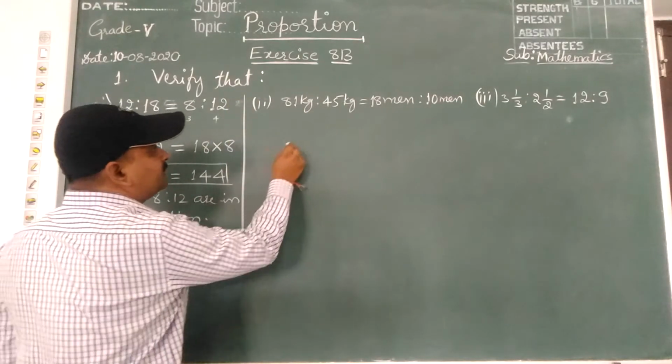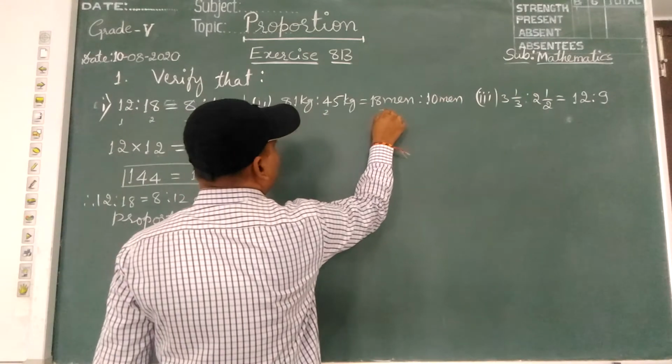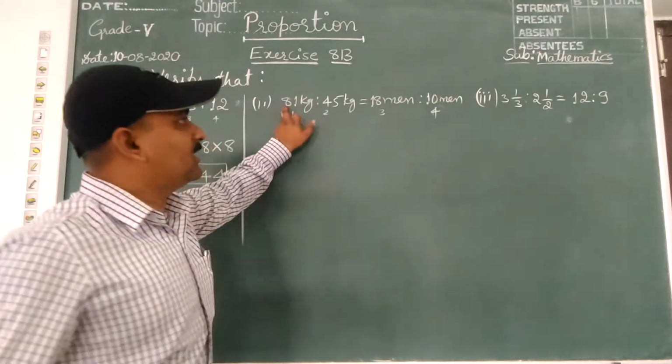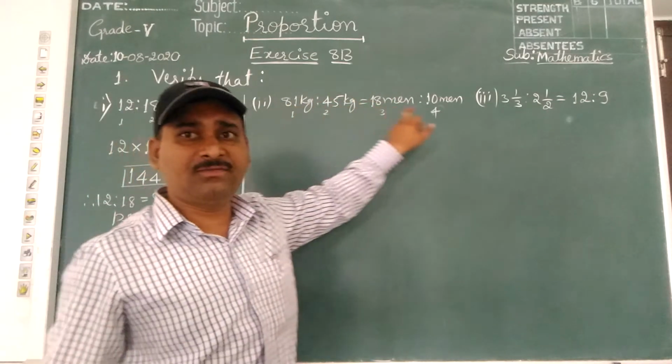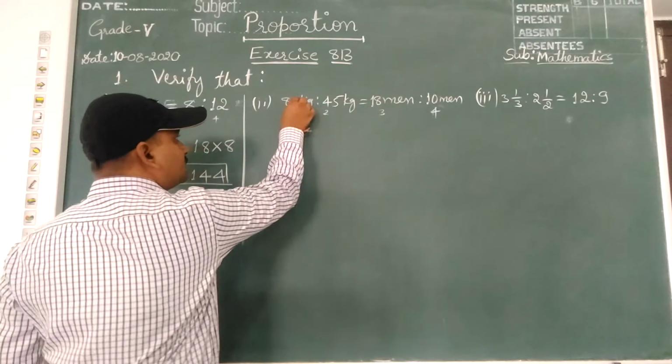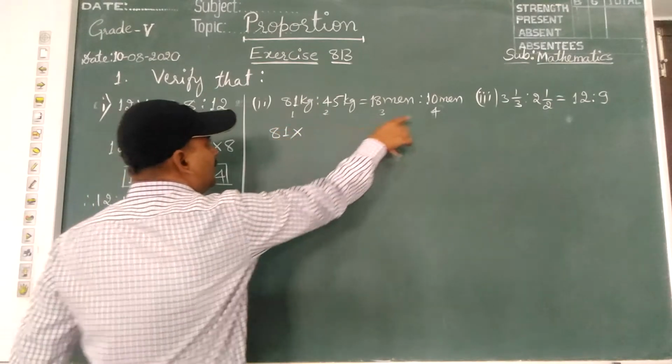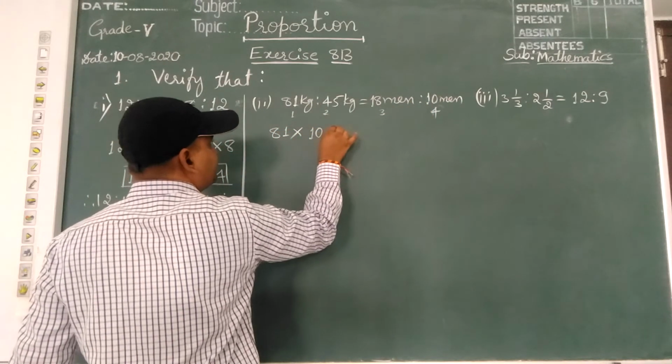Second one, first term, second term, third term, fourth term. Product of extremes, first term and fourth term: 81 into 10.